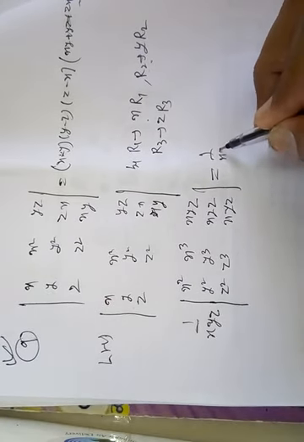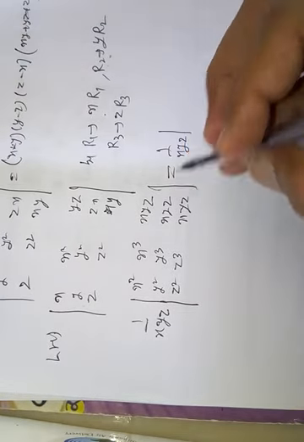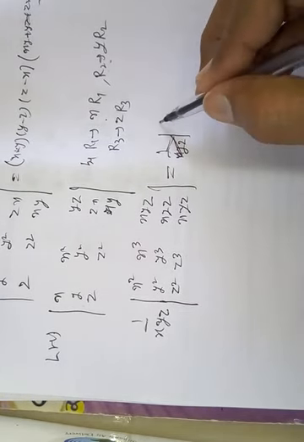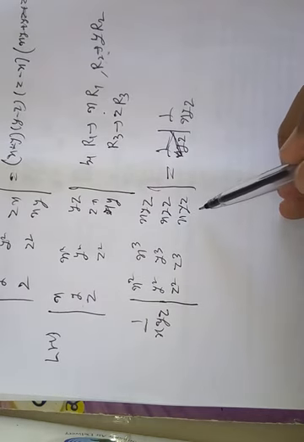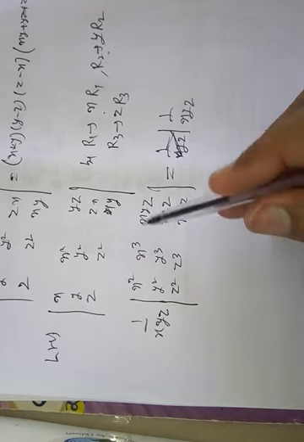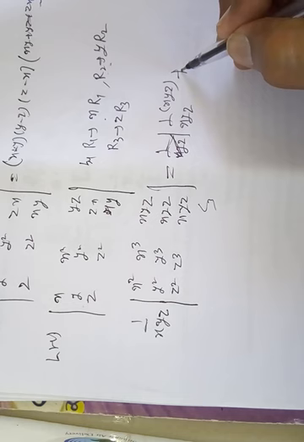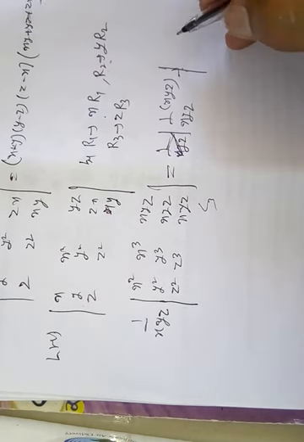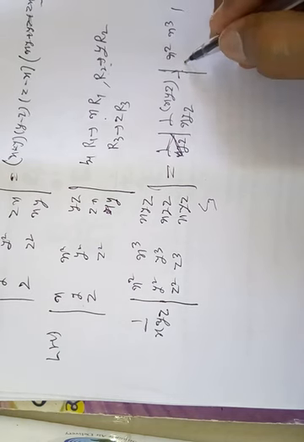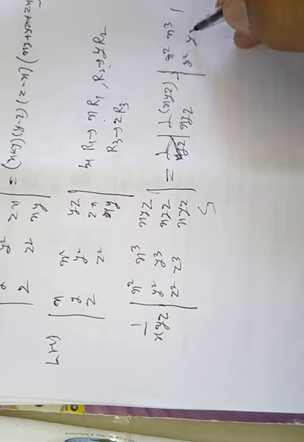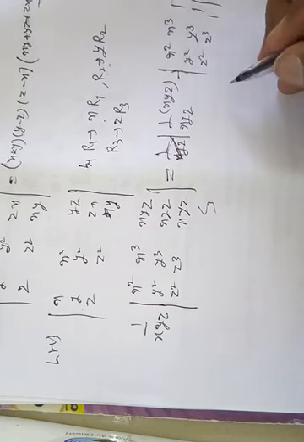This is equal to 1 upon xyz. Take xyz common from C3: x square, x cube, 1; y square, y cube, 1; z square, z cube, 1.